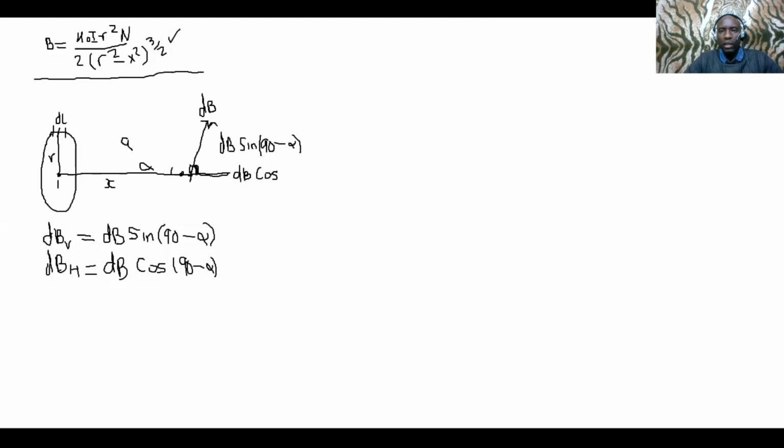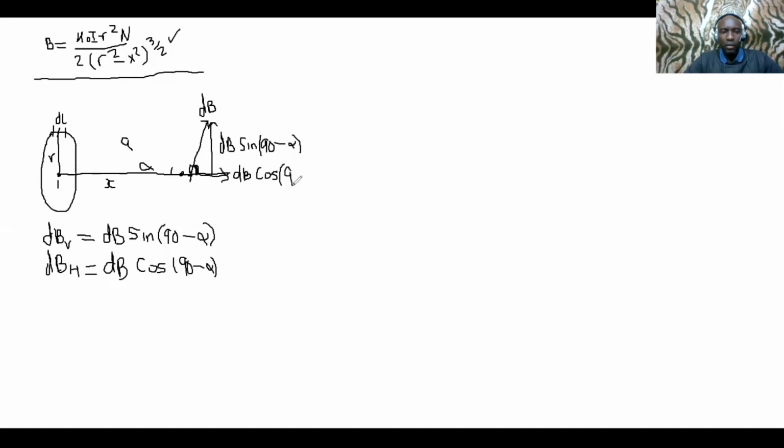Now let us consider the horizontal component. As we have said, vertical components have cancelled each other. So let me label this one, and I want to use the black pen. Vertical component is here, horizontal component is here.